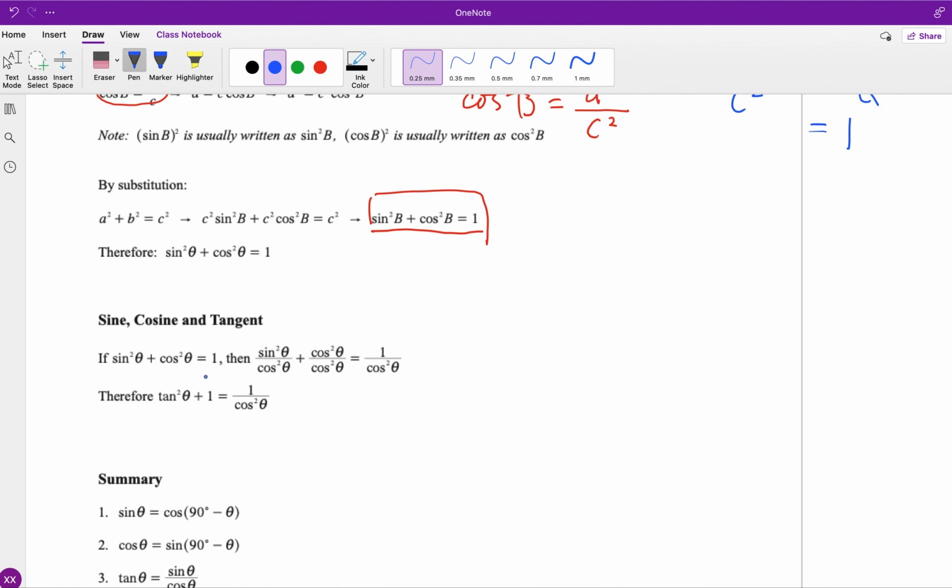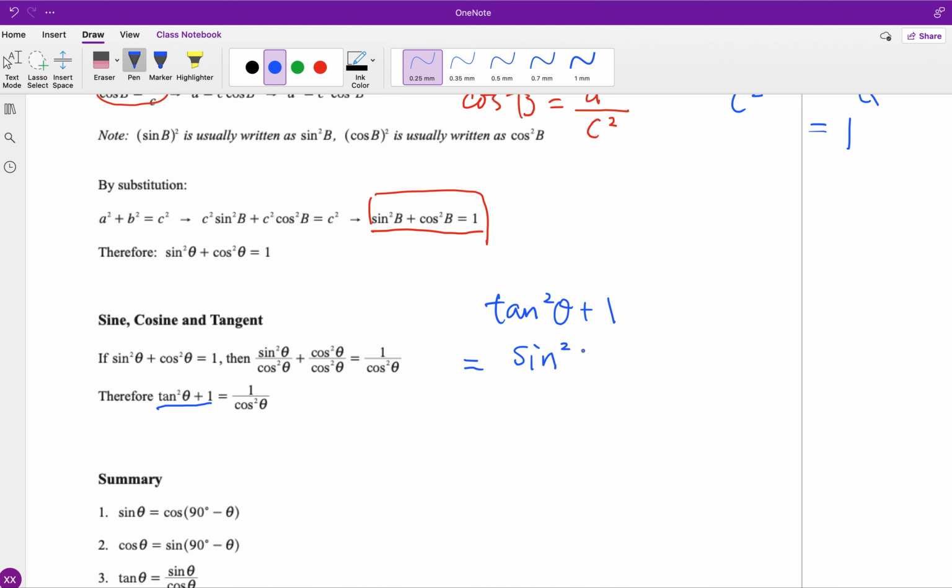So now what's going on here is, because sine square plus cosine square equals 1, they're using this one: tangent square theta plus 1. Now how much does this equal? There's a relationship, tangent equals sine over cosine.